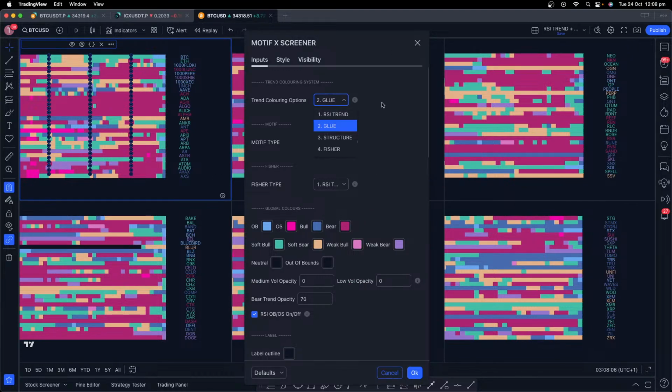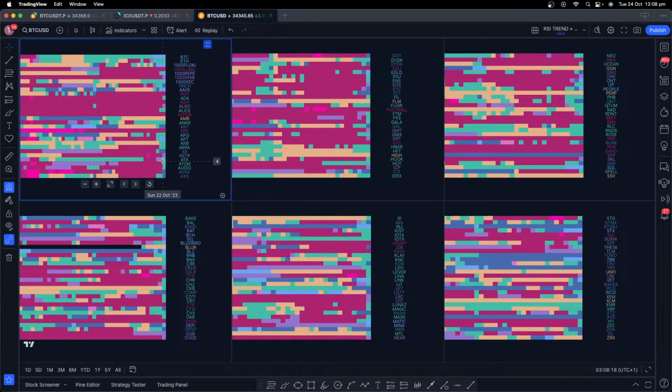For example, this glue is something I created, and it glues together everything that I use within my system. This is what you're seeing on here, the different colors. These are patterns within the market that I monitor, and each pattern can tell me the strength or weakness of a market. I'm not going to go into too much depth, but the longs that I've taken recently have been because of these indicators and these patterns.